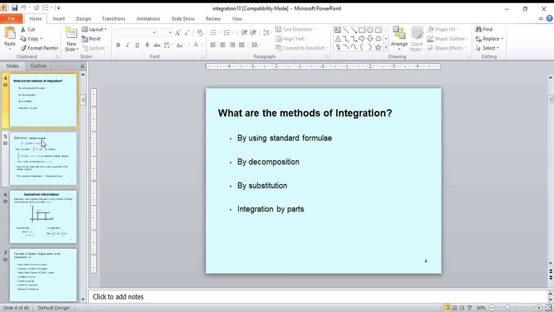If it is simple, use the standard formulas. Otherwise, use the decomposition method, and if it is difficult, the substitution method. If it is a multiplication, use the UV formula, that is integration by parts.